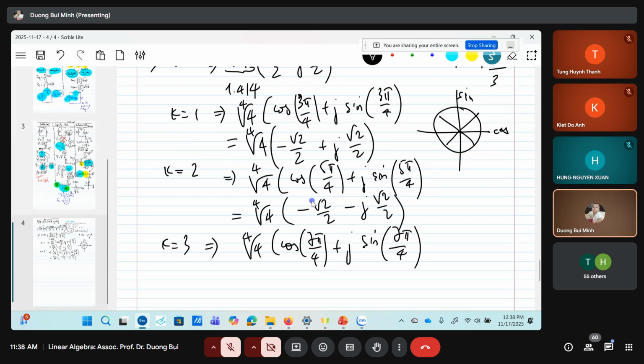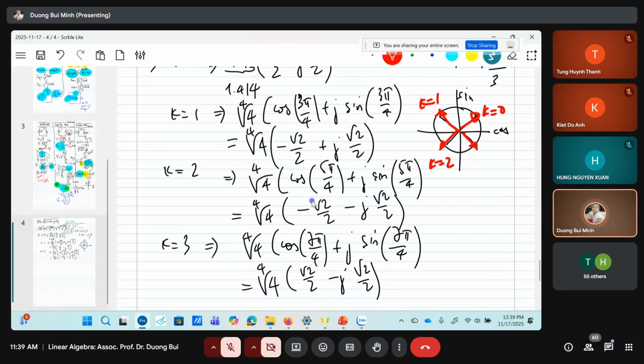So for the fourth root of 4, you get root of 2 over 2 minus j root of 2 over 2.